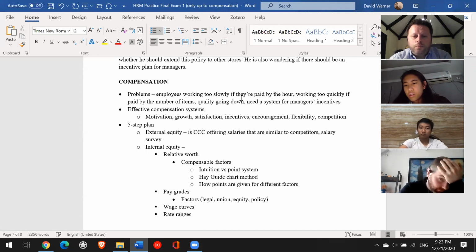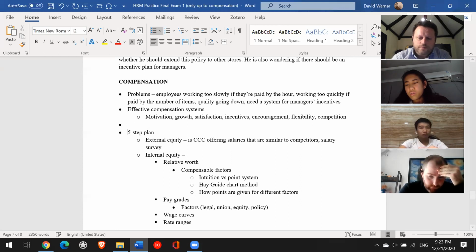And the one that's most important to me is policy. And that's the idea that the goals of the organization should be reflected in the compensation system. So this is actually a really important idea, so important that let me give it its own bullet point.